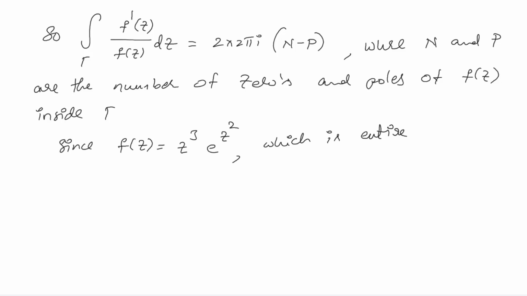Since z square is a polynomial which is analytic everywhere, e to the power of z square is again entire, and since z cube is a polynomial which is entire, in total the whole multiplication is an entire function. So the function f of z is entire and hence it does not have any poles.